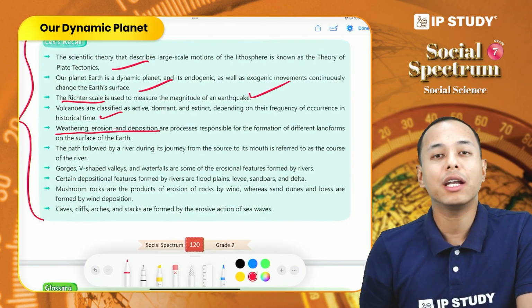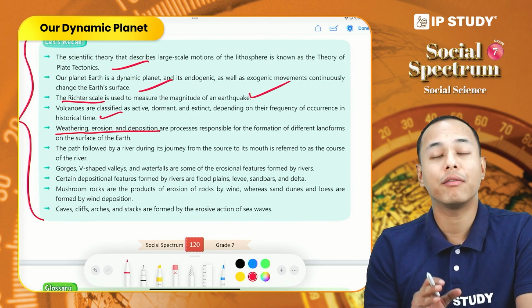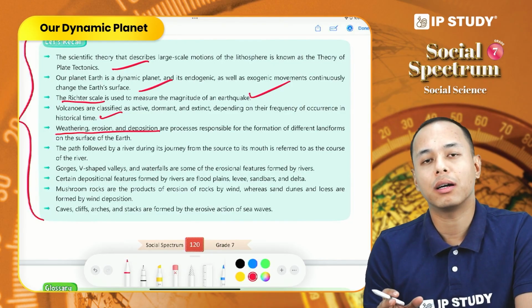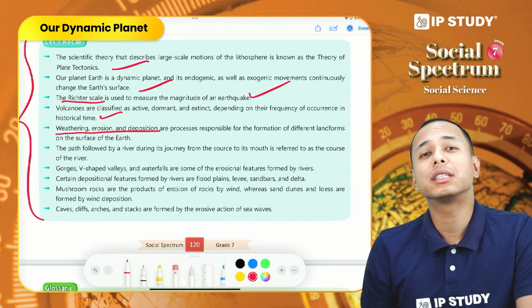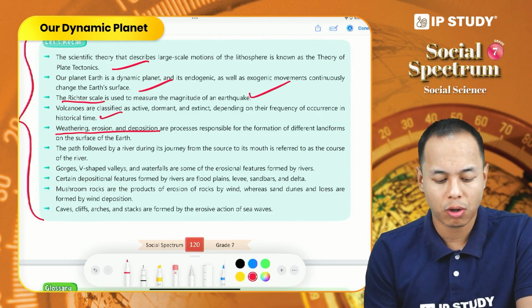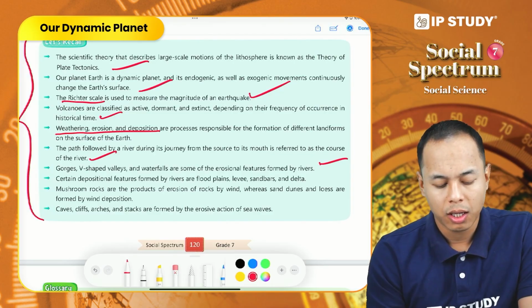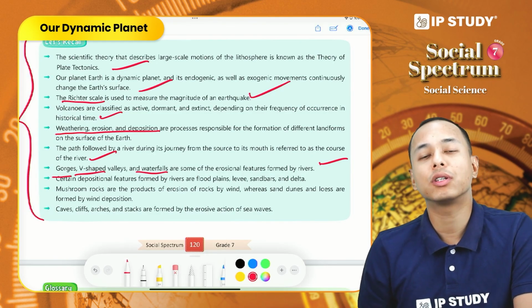Weathering, erosion and deposition are the three exogenic forces, and they play a very important role in creating different landforms. The path followed by the river from its origin, or we can say source, to its end or mouth is called the course of the river. Gorge, V-shaped valley, waterfalls are some of the erosional features of a river.